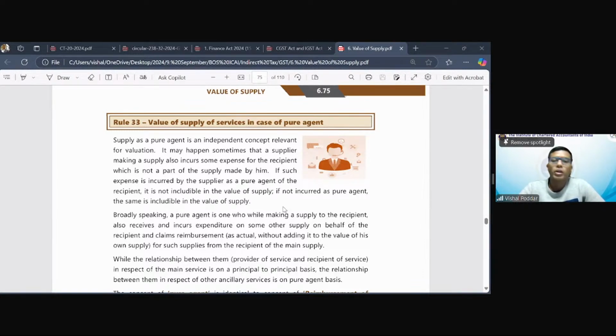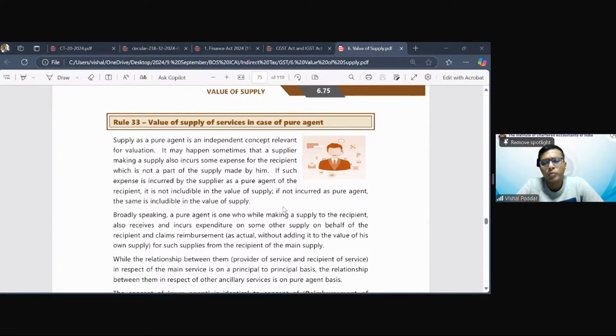I do the computation of your various heads of income, find out the deductions, make the complete return, and tell you that the tax payable is coming to rupees 10,000. So pay attention. 25,000 is the value of my service. 10,000 is your tax payable.